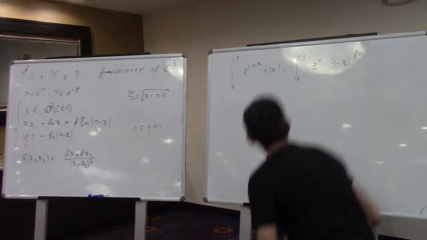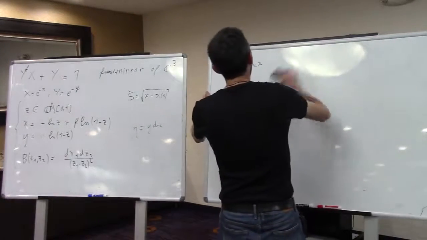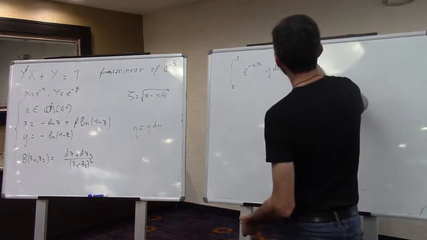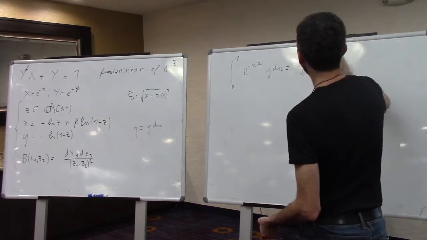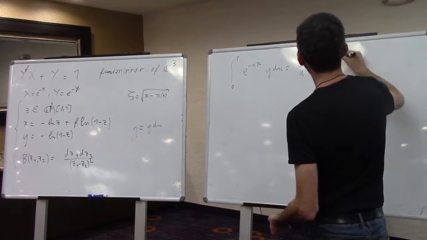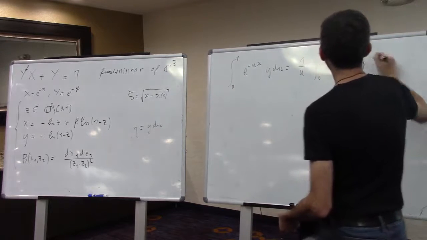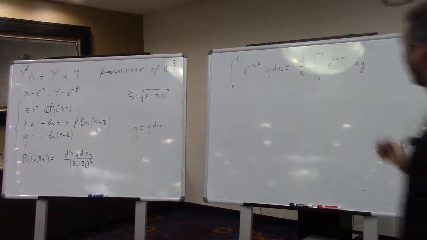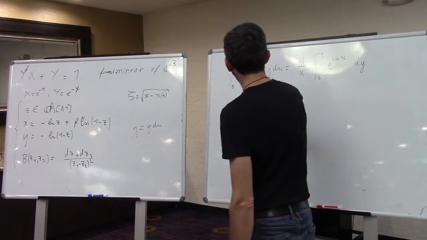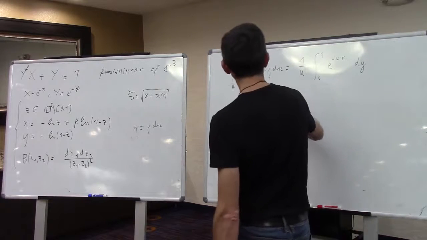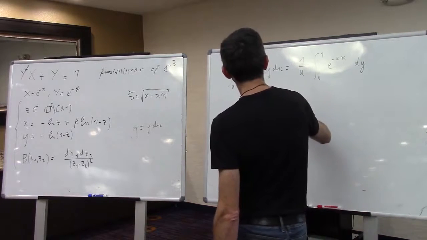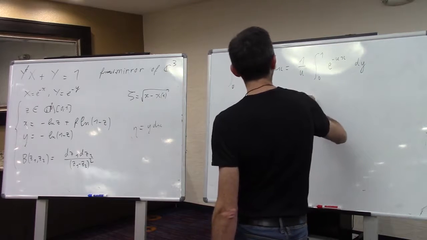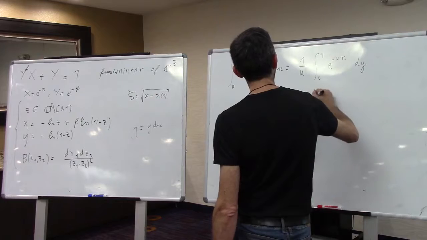Well, before going further, let me integrate by parts. So we have y dx, and this is just by integration by parts the integral from 0 to 1 of e to the minus ux dy. And this is more convenient. So this is 1 over u, integral from 0 to 1, z to the u, 1 minus z to the power minus fu.